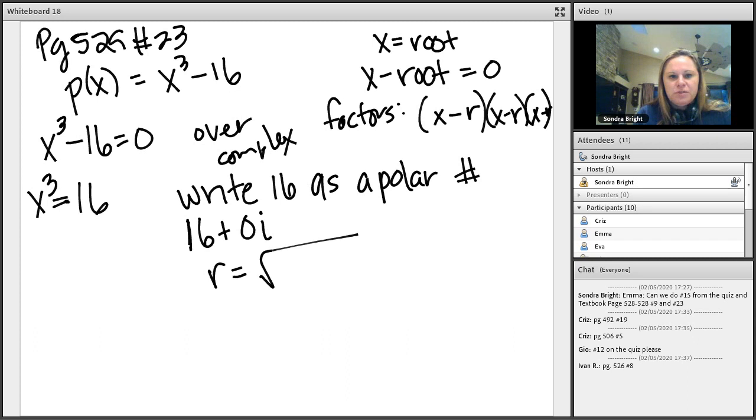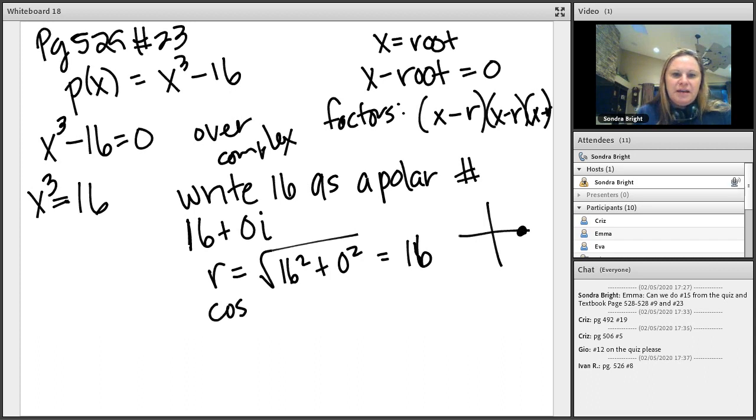r would equal the square root of 16 squared plus 0 squared, which ends up with 16. And then your theta is, that's 16 right there, right? So your cosine of your angle is x over r, so 16 over 16, which is 1. Sine of theta is 0 over 16, which is 0.